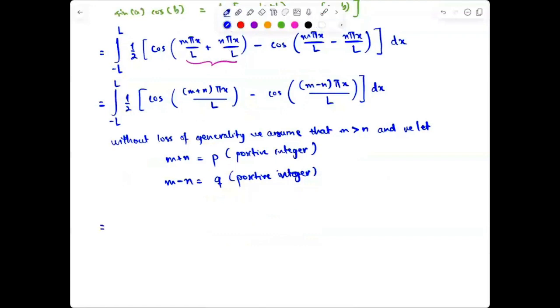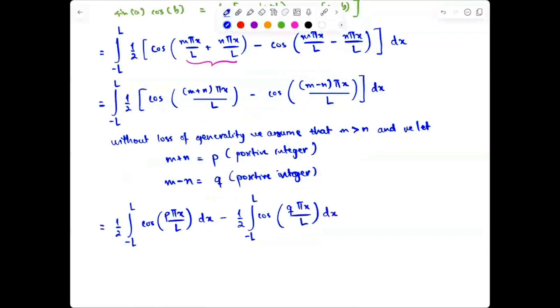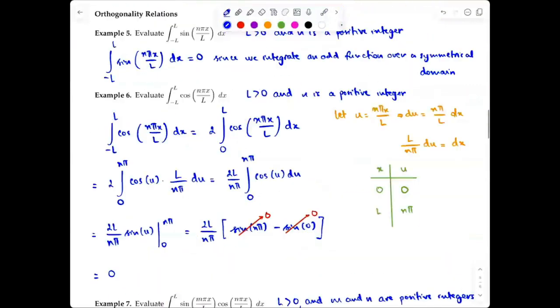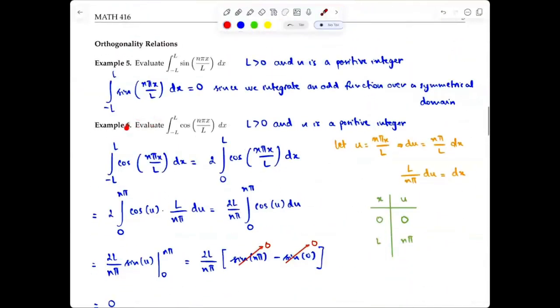Now you can rewrite the integral as 1/2 times the integral from negative L to L of cosine of p pi x over L dx, minus 1/2 times the integral from negative L to L of cosine of q pi x over L dx. Either you just use substitutions in all of the basic integral formulas to evaluate these two integrals, or you can go back to the previous example that we have, which is example 6.